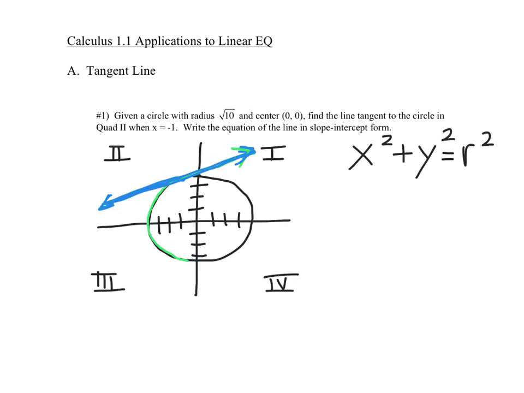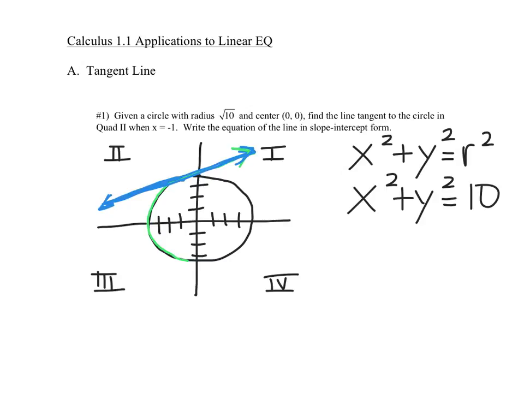That's conic sections. We did them in Algebra 2. So what is the radius? It's root 10. So the equation of our circle is x squared plus y squared equals 10, because it's the square root of 10 squared.